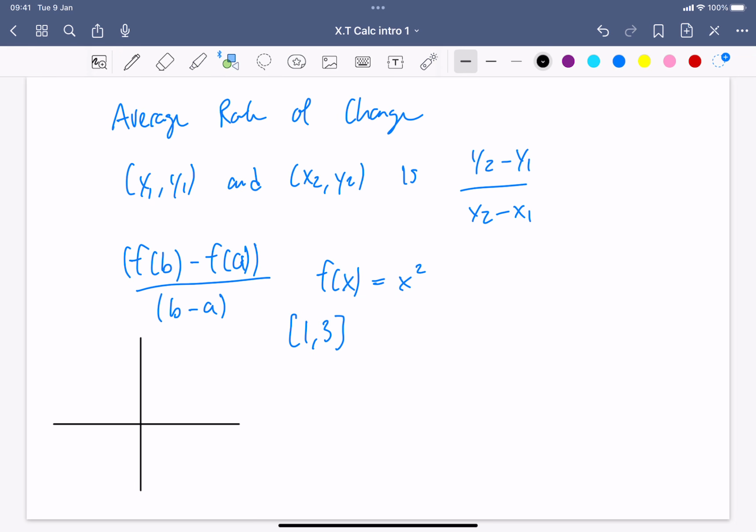So we have some xy coordinate. And if you remember, x squared looks something like this. The shape is a parabola. And in this first example, we're looking from the range x equals 1 to x equals 3, something like this.